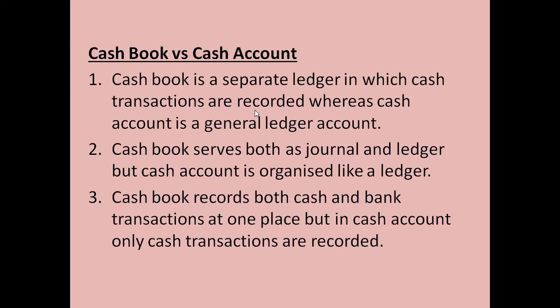But cash book is a very special type of ledger in which only the cash transactions are recorded. It should be remembered that cash book serves both as journal and ledger, but cash account is organized like a ledger account only.